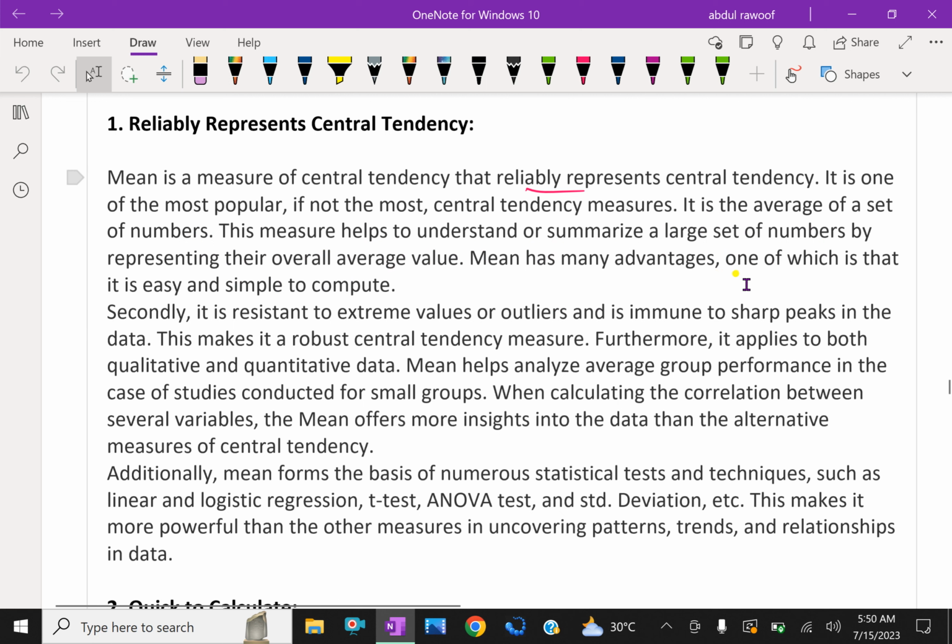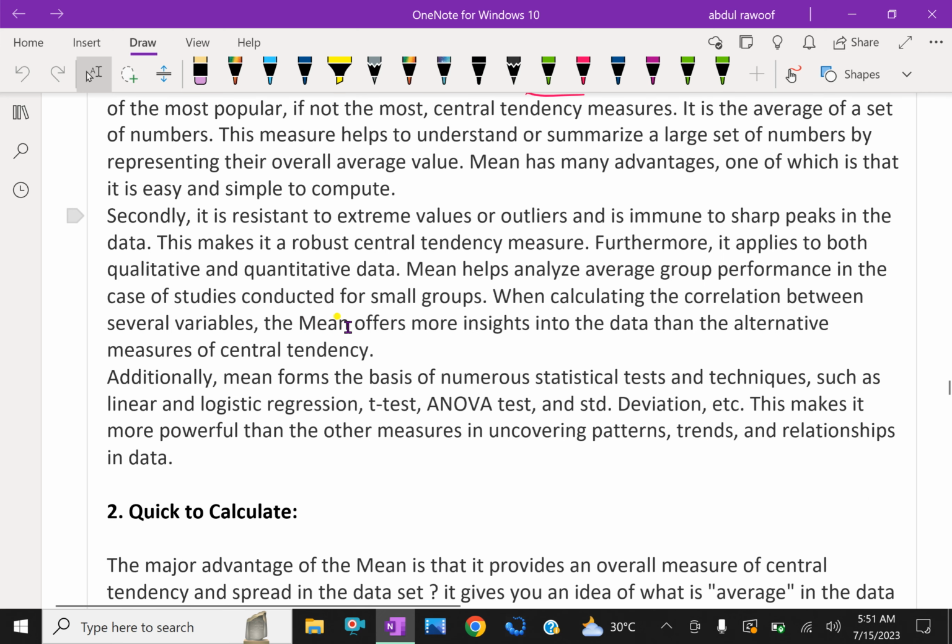Mean has many advantages, one of which is that it is easy and simple to compute. Secondly, it is resistant to extreme values or outliers and is immune to sharp peaks in the data. This makes it a robust central tendency measurement.